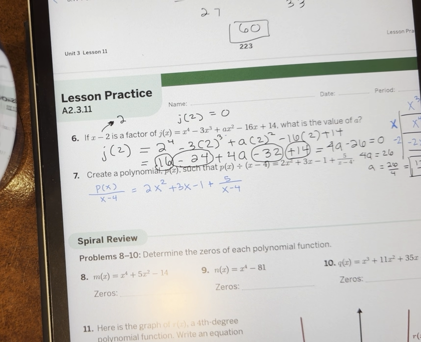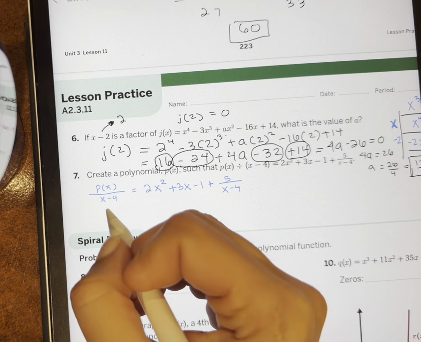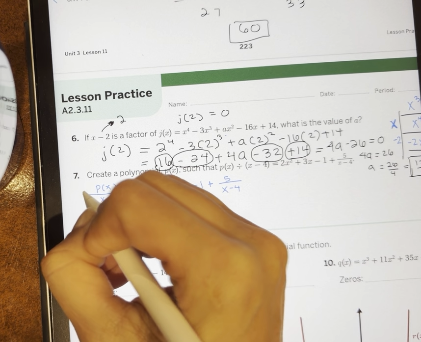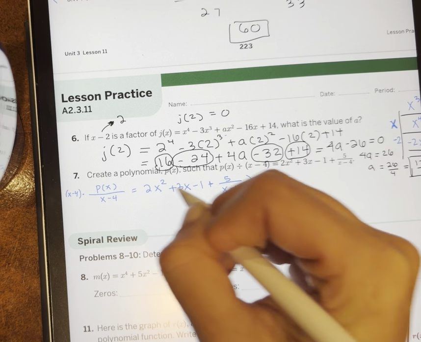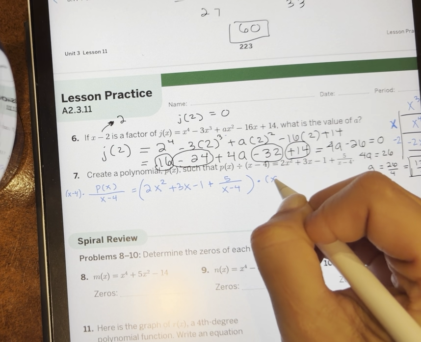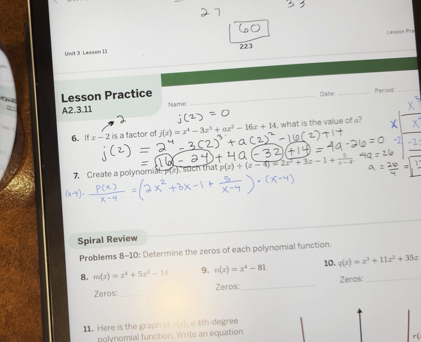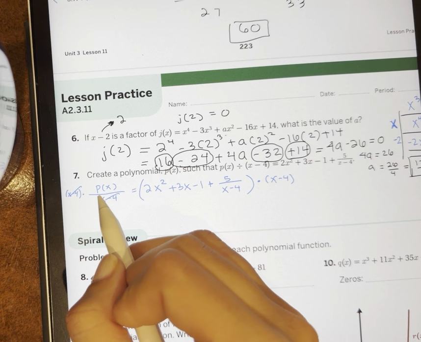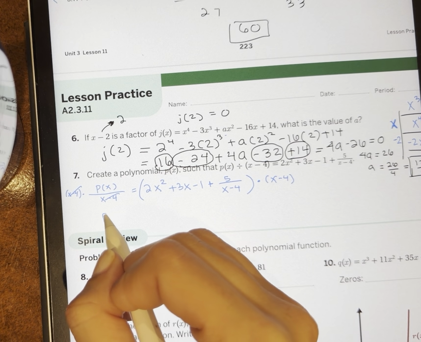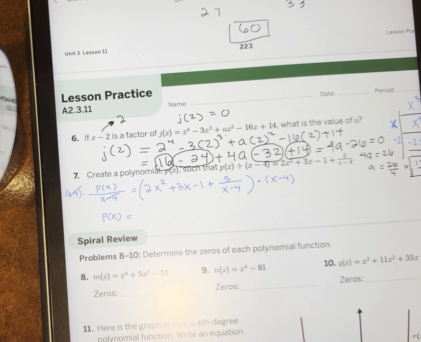Okay, what I want to do, you guys, is just multiply both sides by x minus 4. Watch. If I just multiply both sides by x minus 4, this x minus 4 cancels that x minus 4, and I get p of x equals whatever this is.